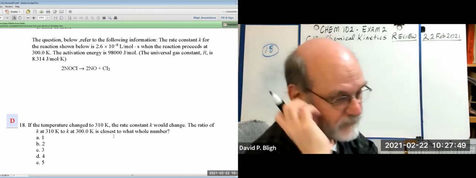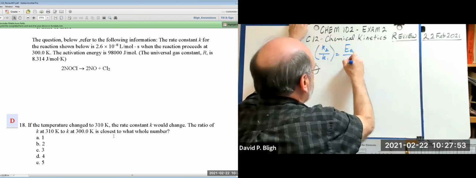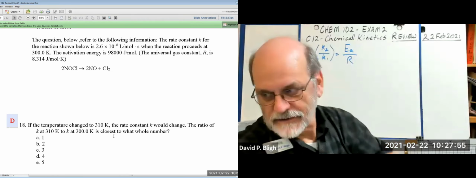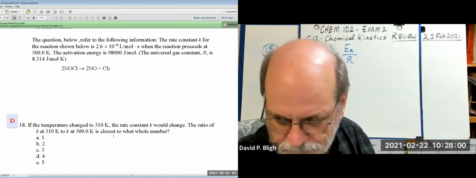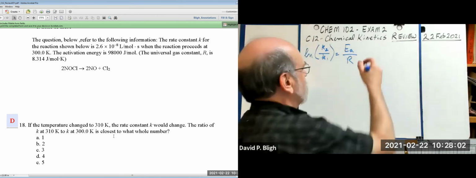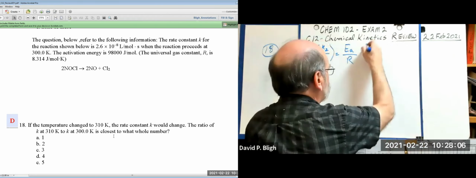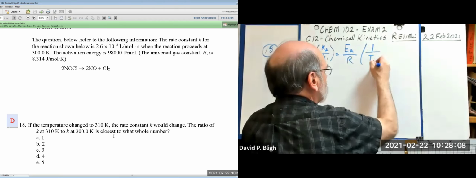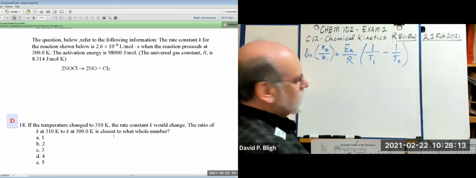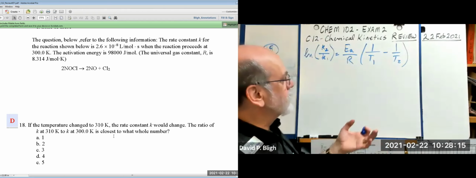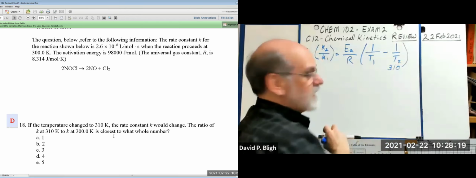Okay, so we have E sub A over R. And then we have 1 over T1 minus 1 over T2, right? So if the high temperature is 310, what's the K?